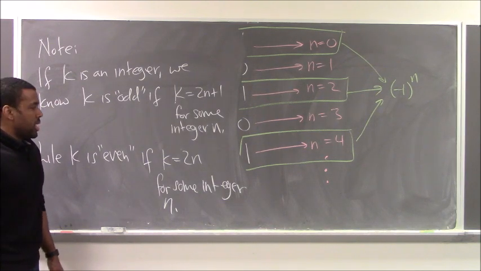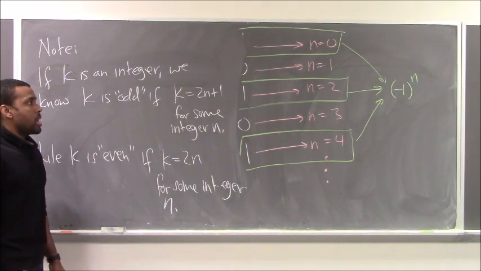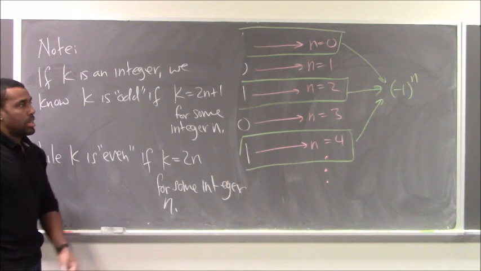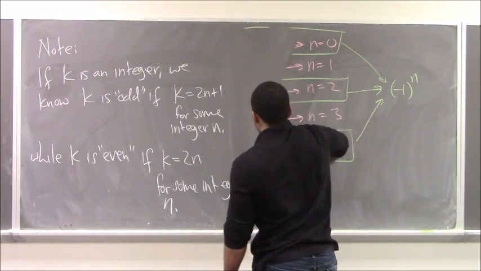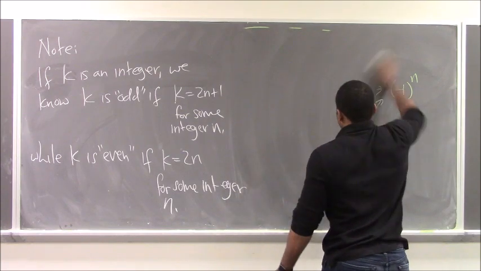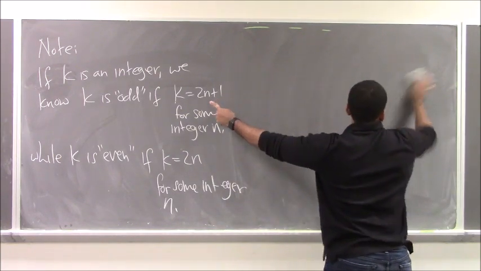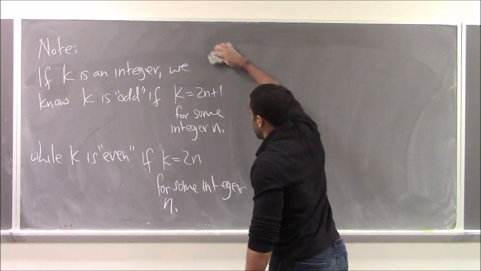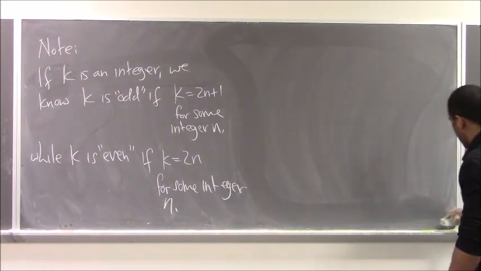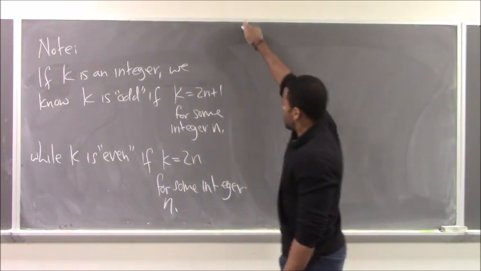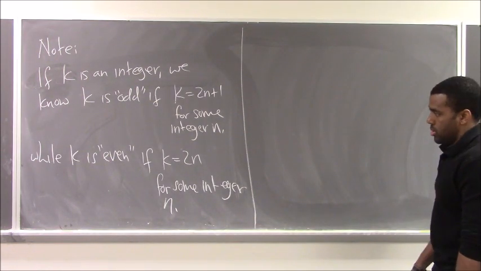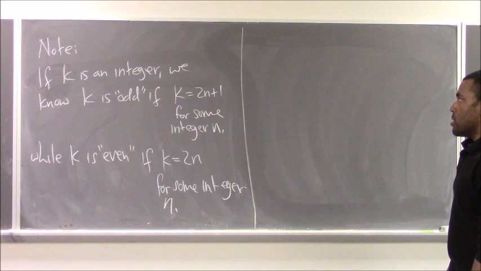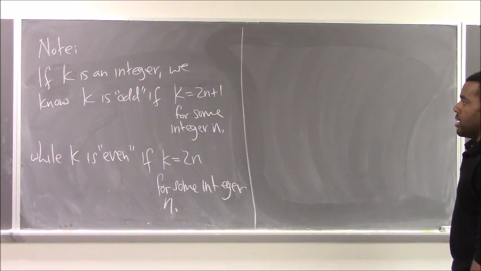So basically what I can say is every time I'm hitting an index that looks like 2n, it's going to behave like -1 to the n, and everywhere else at the indexes of 2n plus 1, it's going to behave like 0. So given that, here's what we can say.